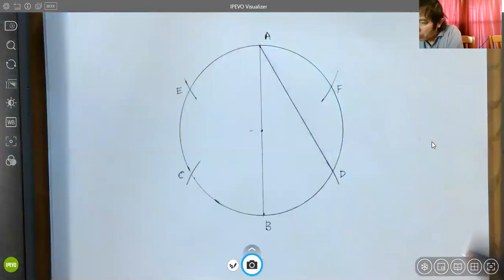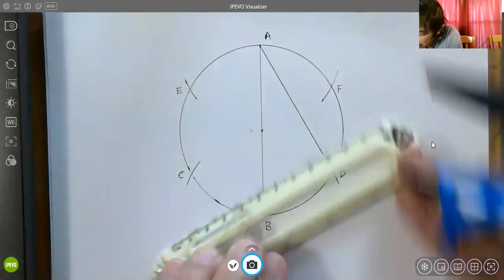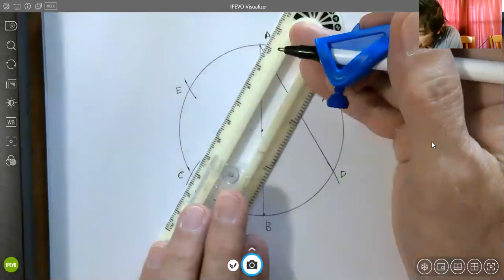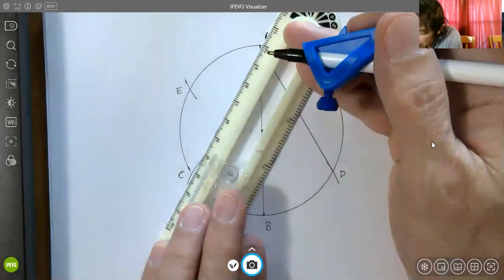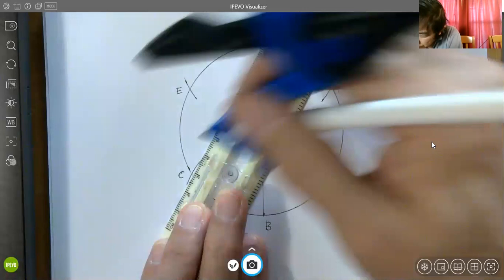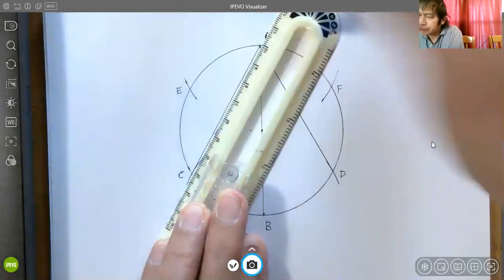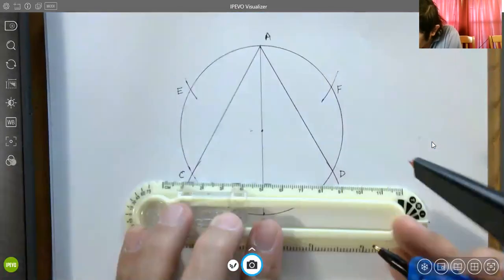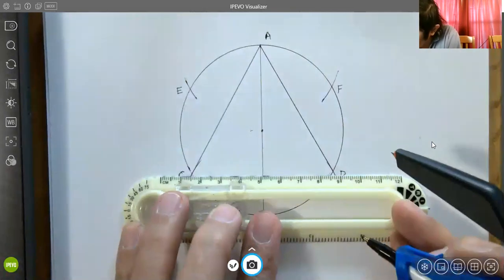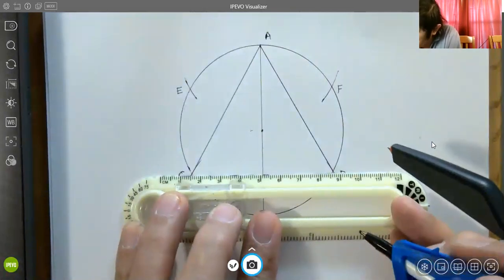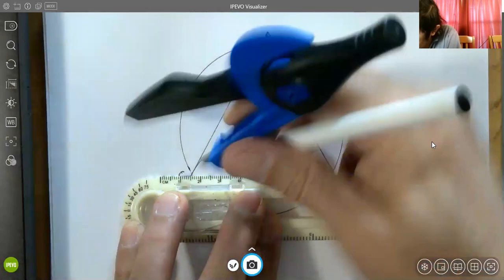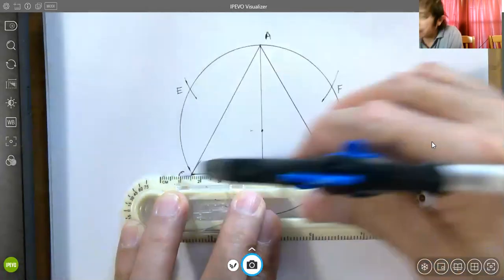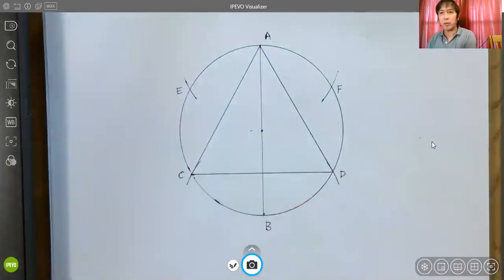And then let's now connect A and C. So this should be our side there. And then connecting now C and D. This will now construct our equilateral triangle. There. So this is an equilateral triangle.